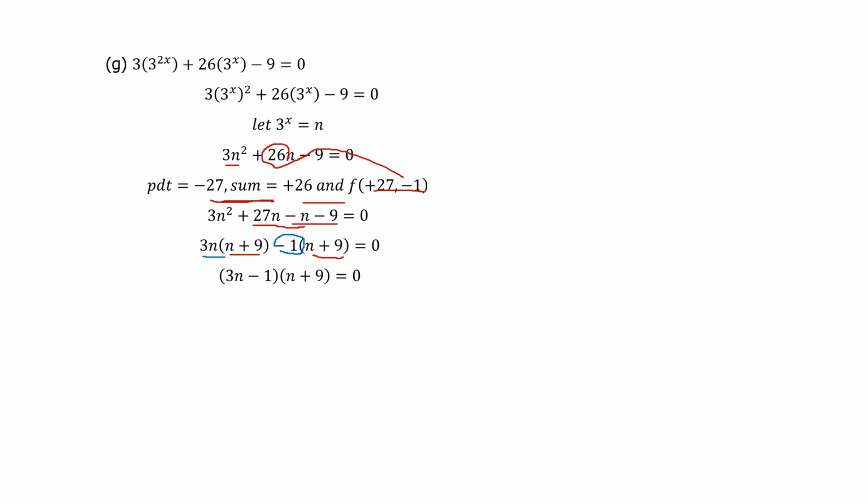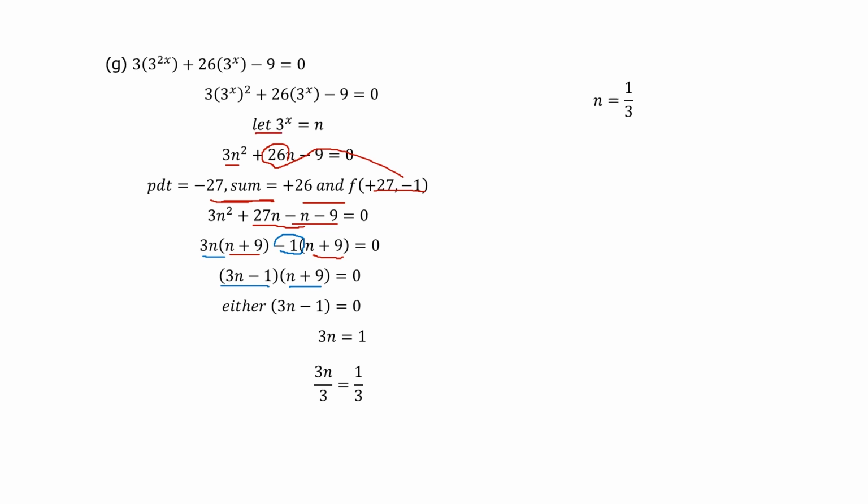Then we are going to equate on the next part this to 0 and later on that one to 0. So either 3n minus 1 is equal to 0. We take the negative 1 to the other side of the equation to give us 3n is equal to positive 1. Then dividing both sides by 3, we have n as a third. This one is not the answer.